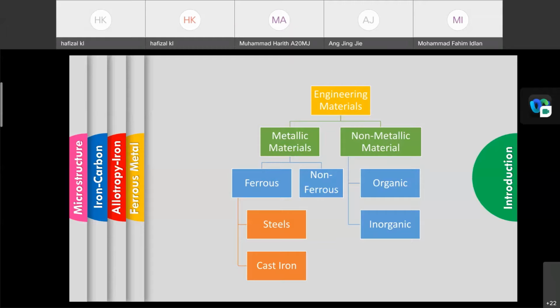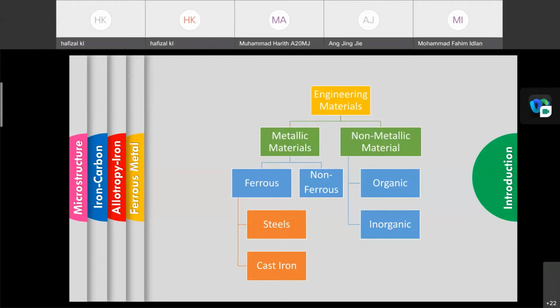If the percentage is from 0 to 2%, this is called steel. If it is from 2% up to a certain percent, it is called cast iron. So the difference in percentage gives a term related to the application.